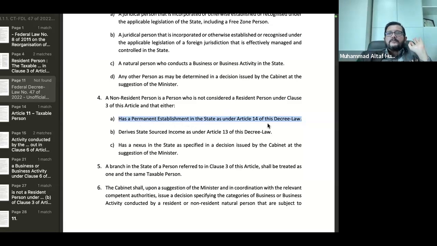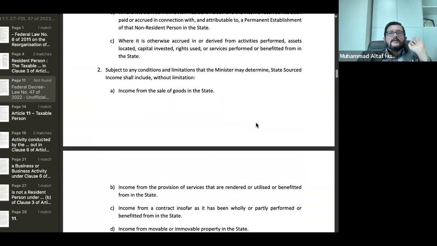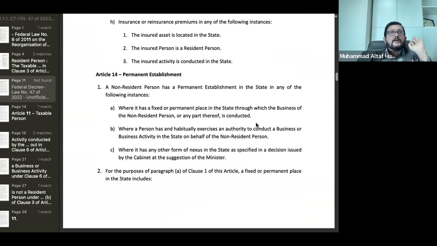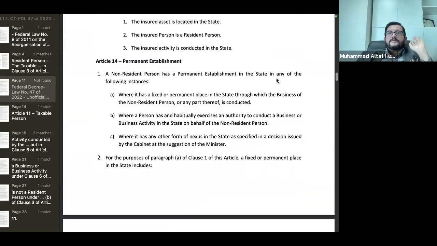So to answer this, we have to refer to which article? Article 14. Let's go to Article 14 and read through. Maybe there are grounds, maybe there are not, but we have to see. A non-resident person has a permanent establishment in the state in any of the following cases: where it has a fixed or permanent place, that's the first category. Where a person has and habitually exercises an authority to conduct business on behalf of the non-resident person, that's the dependent agent scenario. It can be a natural person, it can be a legal person.